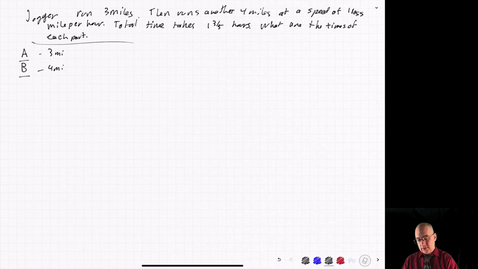So we're going to call stuff. So this is distance A, and this is distance B. Okay, and so then there's also velocity A, velocity B, so that's the speeds. Do not do S's, they look like 5s. Velocity A and velocity B, and then there's also time A and time B. And just a general thing is that the distance A is equal to the velocity times the time.